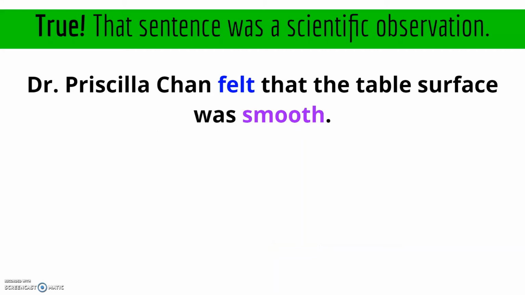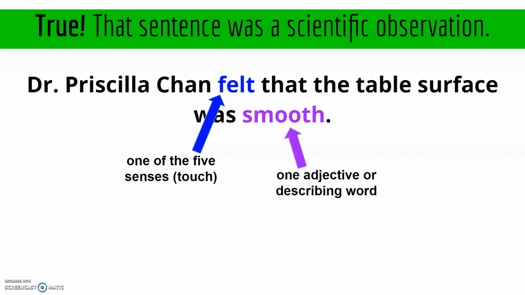True. That sentence was a scientific observation. Let's go over why it was a scientific observation. Dr. Priscilla Chan felt, this is one of the 5 senses, it's touch, that the table surface was smooth. Now this is an adjective. Adjectives are just describing words.